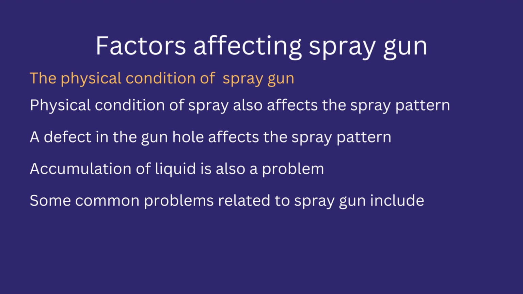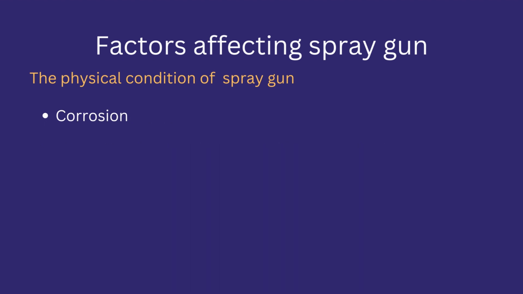Other common problems related to spray guns include, but are not limited to, corrosion. Corrosion is due to chemical reaction between liquid and gun material. It results in degradation of material with time and cracks the gun. Contamination. Contamination of the spray gun nozzle with dirt or other foreign bodies blocks the spray gun.